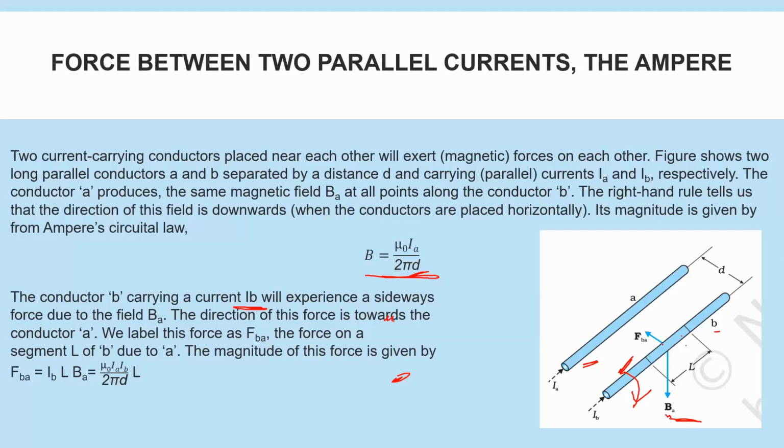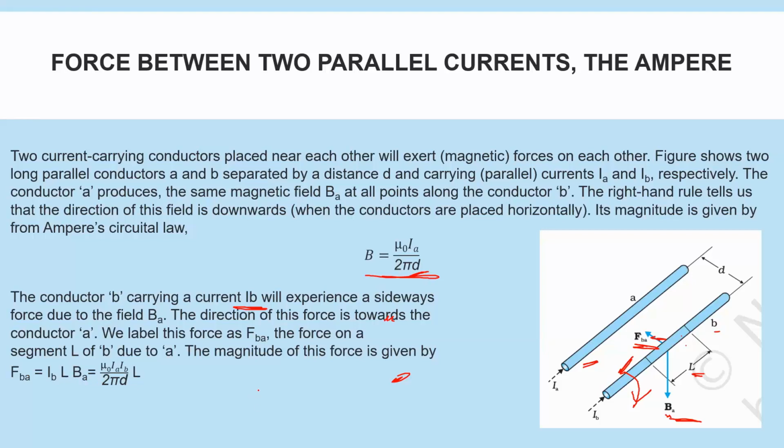So there is a force that is going to act on conductor B because it is placed in a magnetic field. We will call this force FBA, and this is going to be the force on the segment L of B due to A. So let's consider a segment of this conductor. We call it L, its length is also L. We are going to try to understand what is the force that is acting on this L of B due to A. So the magnetic force can be given by IB L BA.